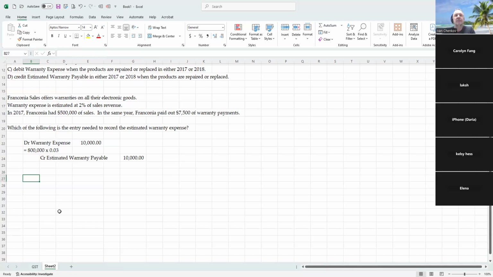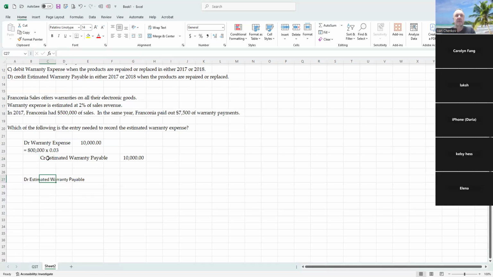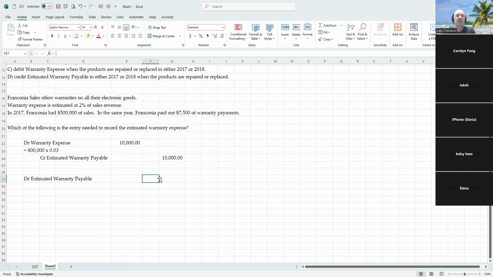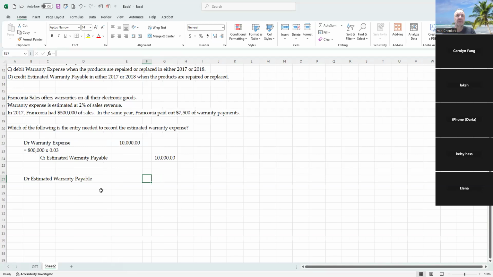If I already ran out of options for warranty expenses, then which account should I debit? Well, I cannot go with warranty expenses again, so I have to go with the estimated warranty payable in this case. So the debit will be estimated warranty payable, and I record those on the debit side, which in this case will be $7,500.